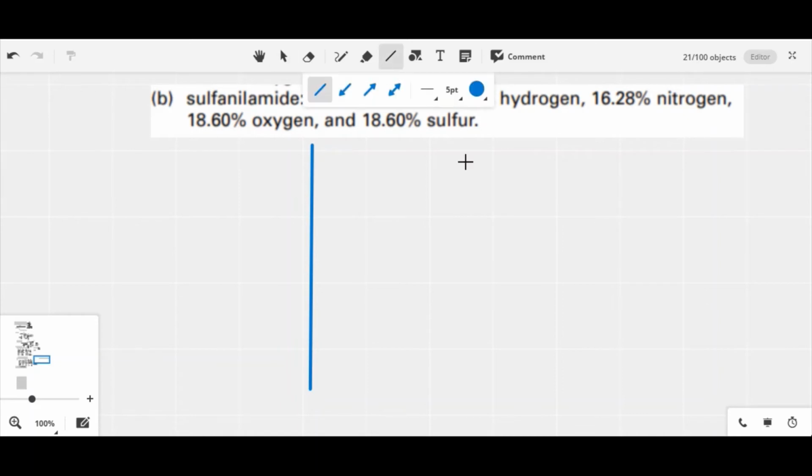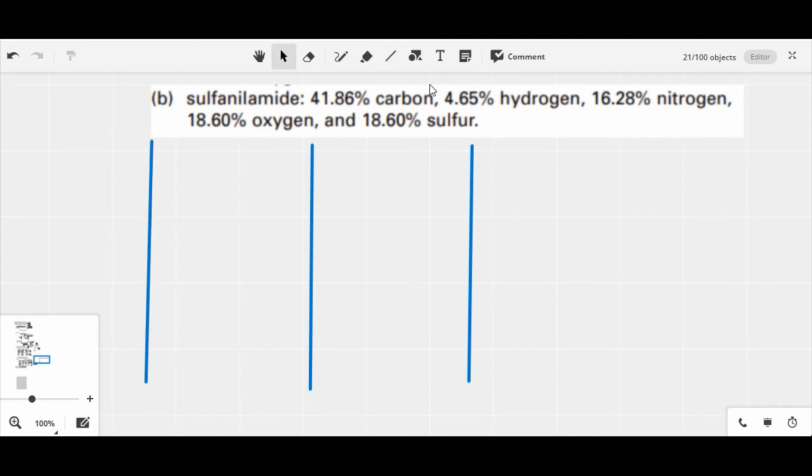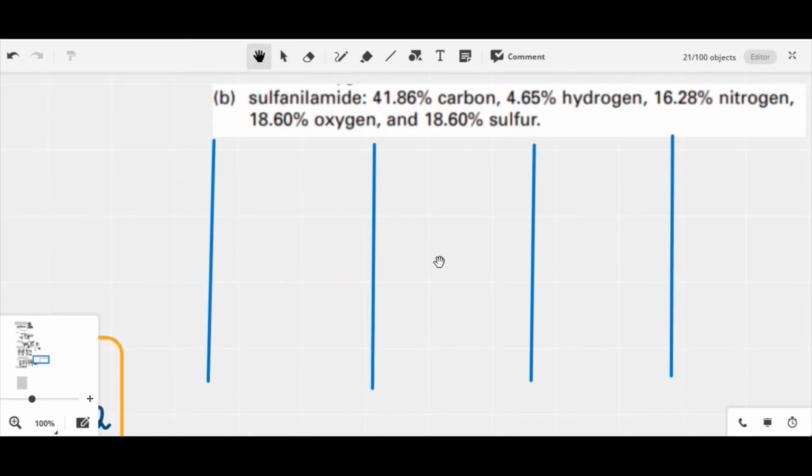For example, here the carbon, hydrogen, the sulfur, nitrogen, like we have 1 2 3 4 5. Okay, now we are going to start.